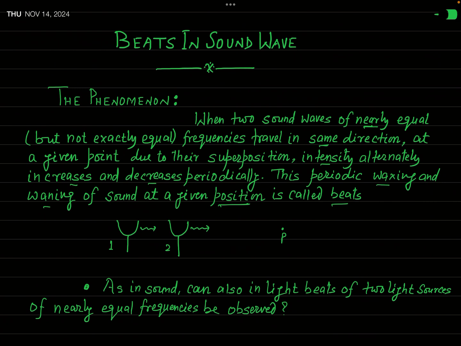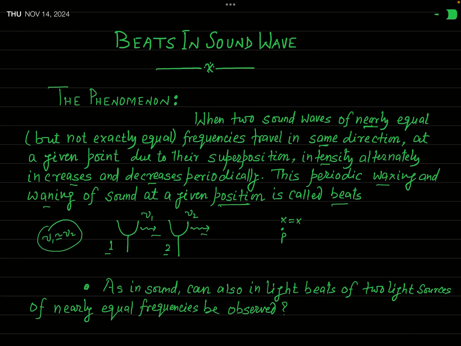You can see I have shown here two sources. This 1 and 2 represent two tuning forks, and you know tuning forks are a source of sound waves. When these two tuning forks are vibrated by striking them with a rubber pad, sound waves are produced. If the first tuning fork produces a sound of frequency nu1 and the second produces a wave of frequency nu2, and nu1 and nu2 are almost equal, not very different, and they travel in the same direction, then at any position, let us say x equal to x, they get superposed.